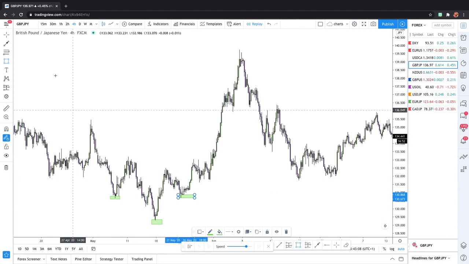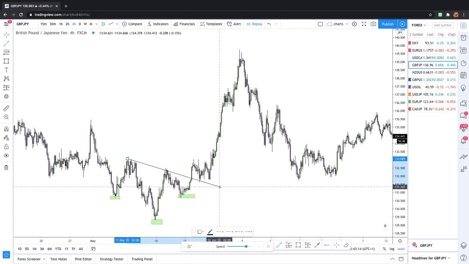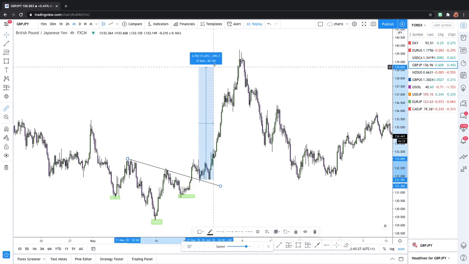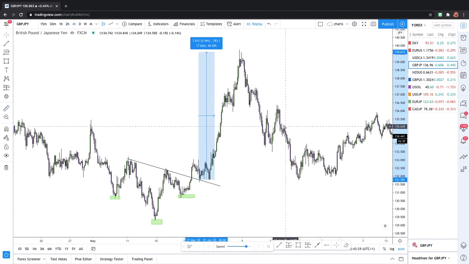So price breaks this level. Price breaks in here. Tests the trend line and then completely reverses. Okay, so after this pattern forms, let's say you got that retest off the trend line. Just from that's an 800 pip move.